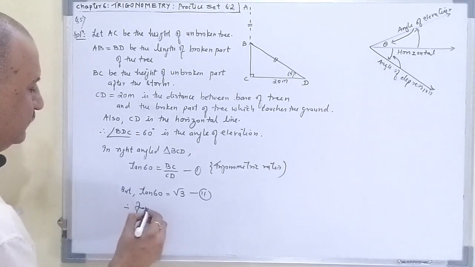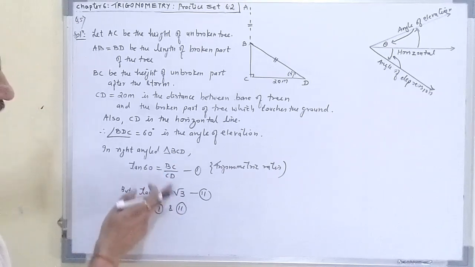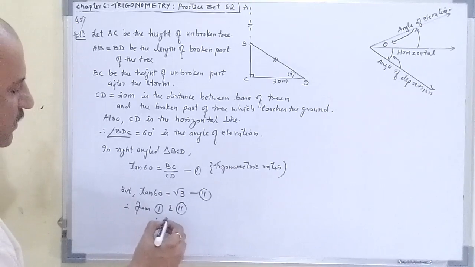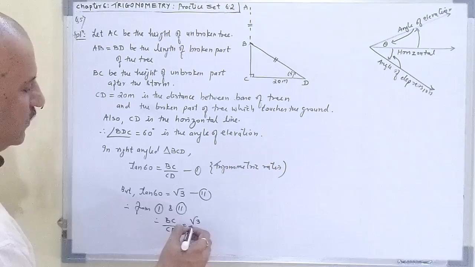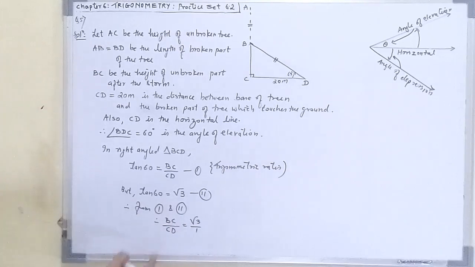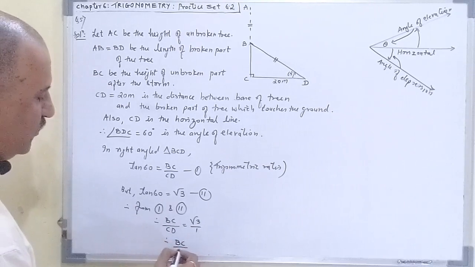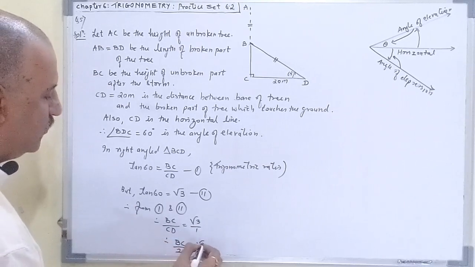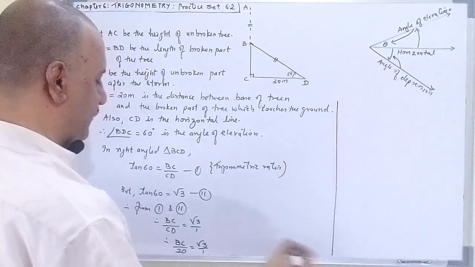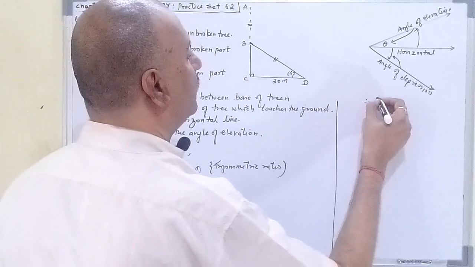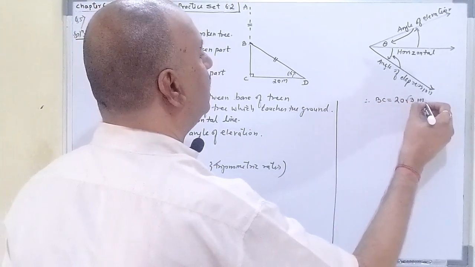Therefore, from 1 and 2, left hand side equal, therefore right hand side will be equal. Therefore, BC upon CD equal to √3 upon 1. CD we know is 20, therefore BC upon 20 equal to √3 upon 1. Therefore BC is 20√3 meters.